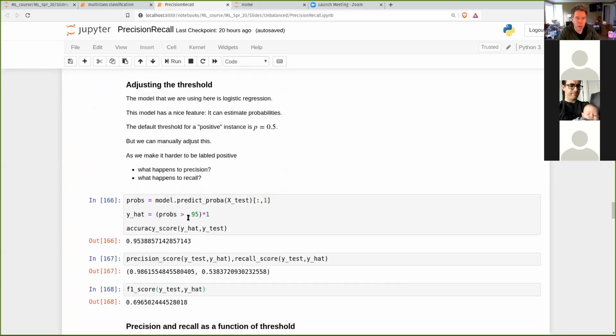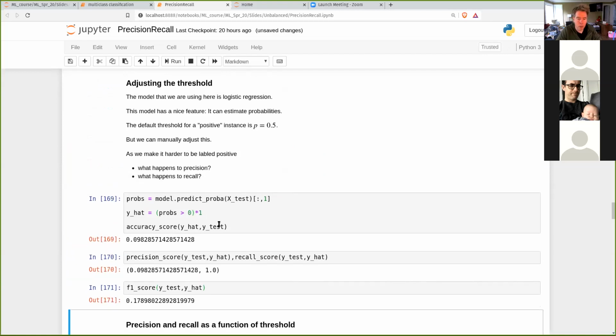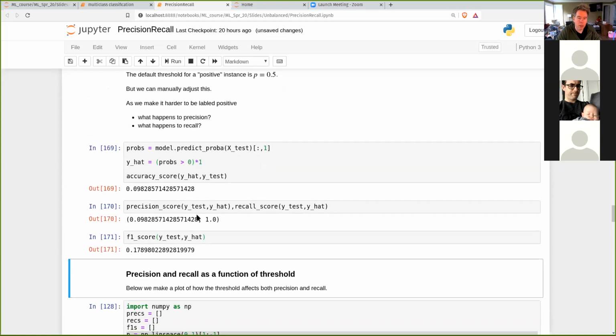We could see what happens if the threshold is actually 0. Then precision is still 10%. So I don't really get it, to be honest with you.